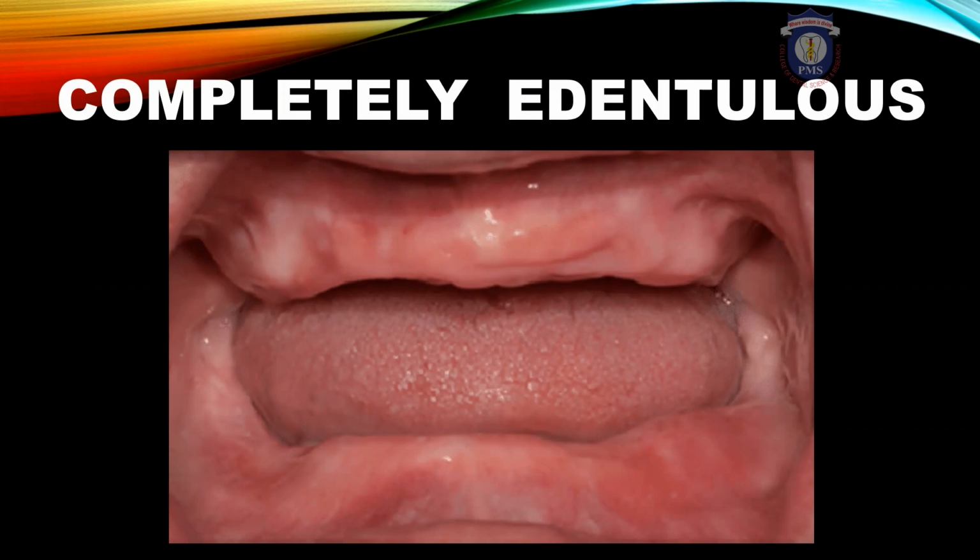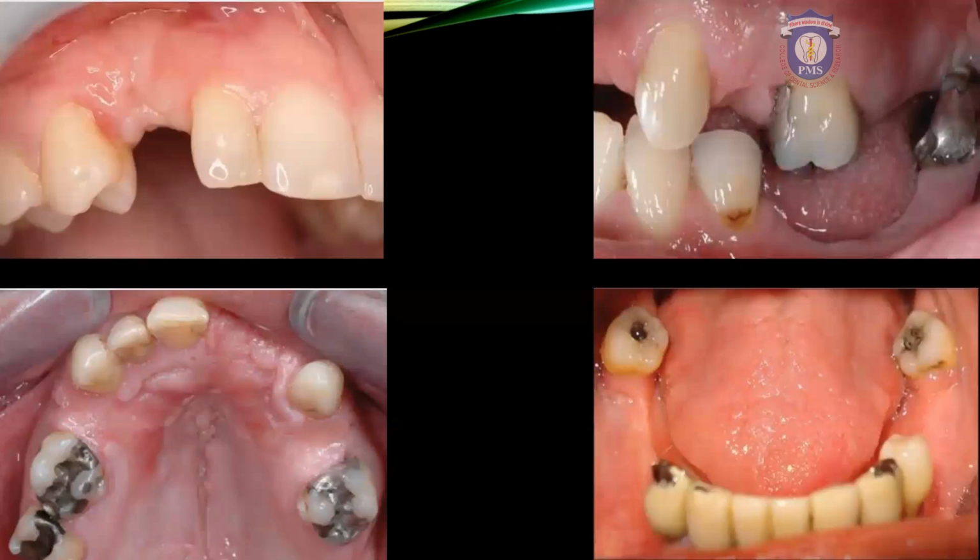When a patient comes to you with none of the teeth present, you do all the procedures to make a complete denture and you give the prosthesis. This slide shows a complete edentulousness, where the treatment we can give is complete denture prosthesis.